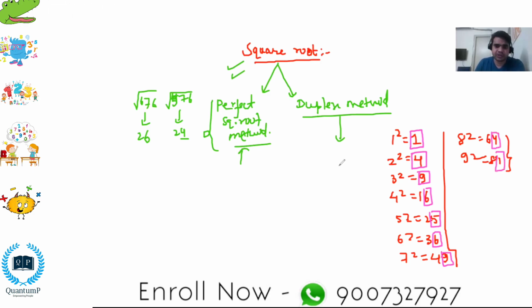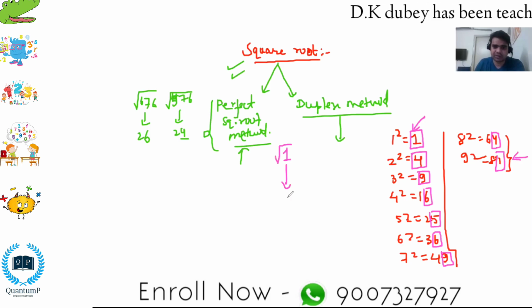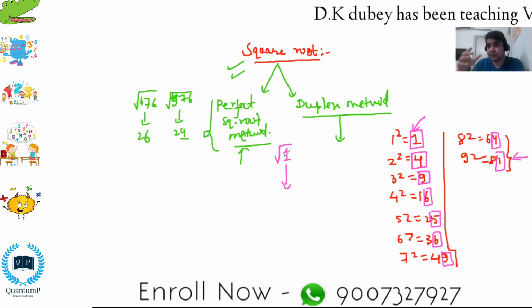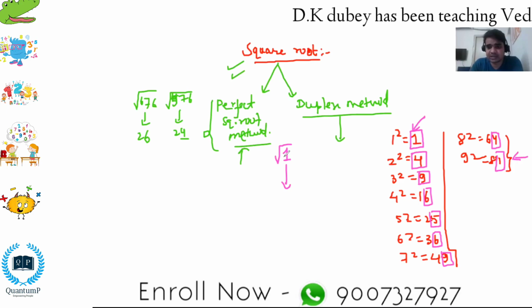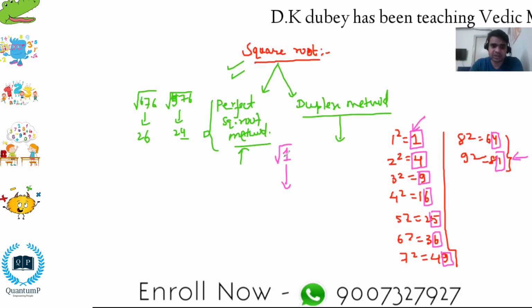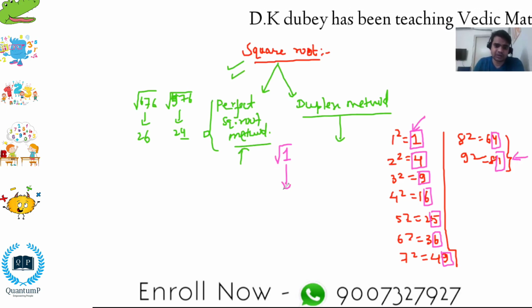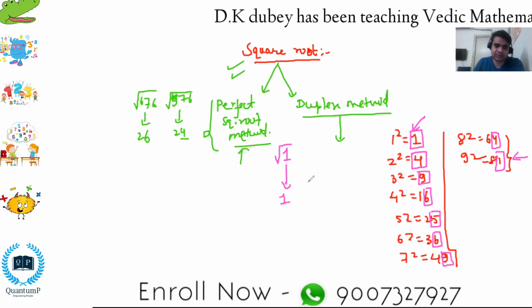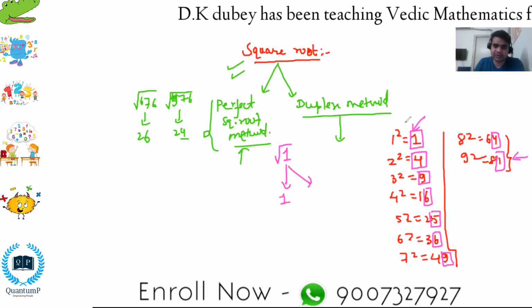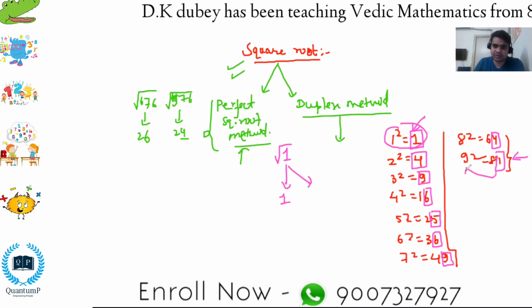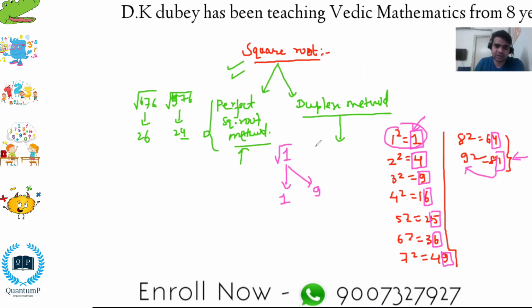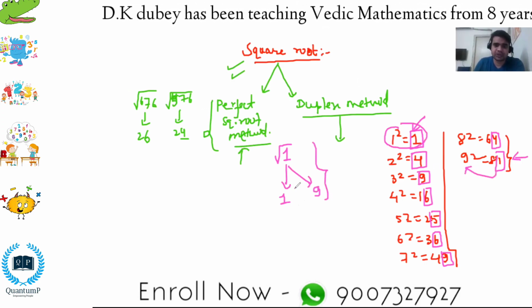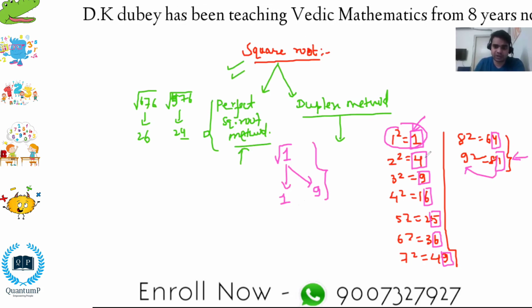If you see, 1 is at two places, here and here, right? If 1 is in the last digit, then the square root of that number will end in either 1, as we have seen, or 9. There are two options. Now let's go for another number, 4.